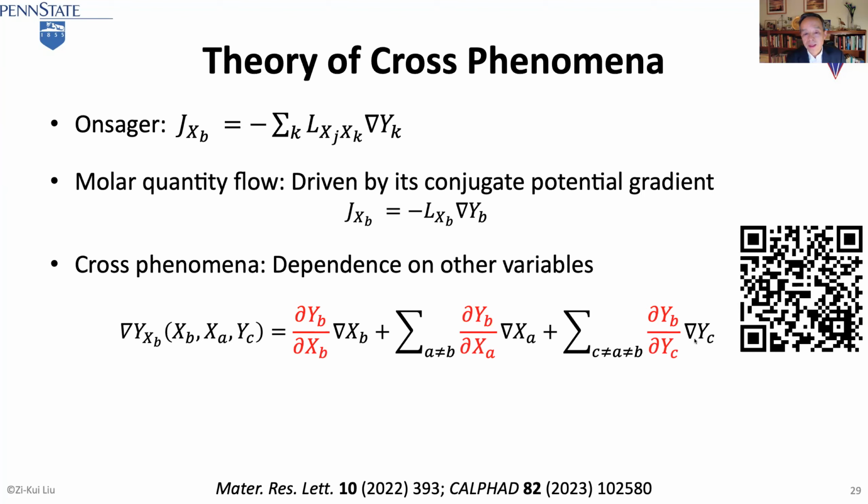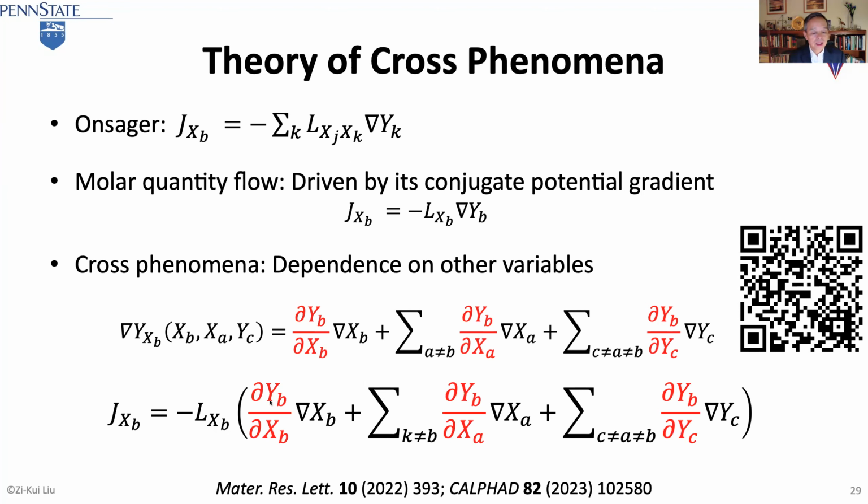But the difference between this one and that one is that here we have molar quantities and some potentials, but there it's all potentials, so that's incorrect. If it's only potential, it's only one potential. You can see that flux is now a function of many variables. That's also cross phenomenon, but at least one of them must be a molar quantity.